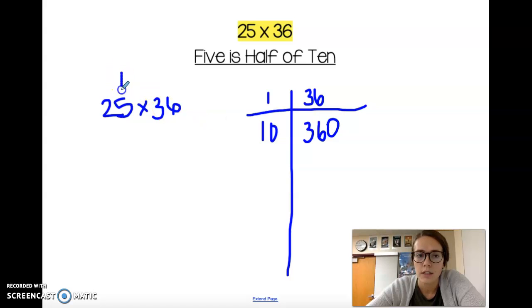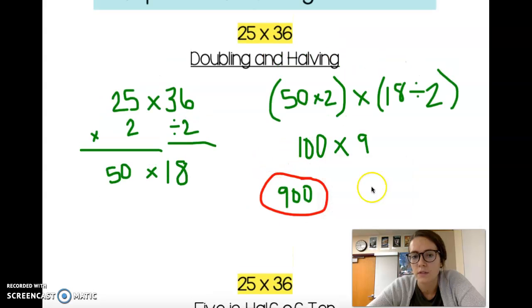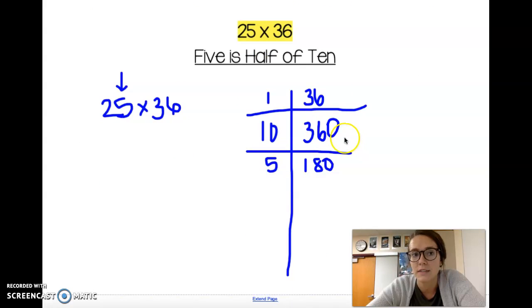I'm also going to need to find what 5 is, because this ends with 5, and I know 5 is half of 10. That's why that's what the strategy is called. So if I divide this by 2 or half it, I have to divide this by 2 or half it. And we already figured out what 36 divided by 2 was up here. So we know that 360 divided by 2 is 180.